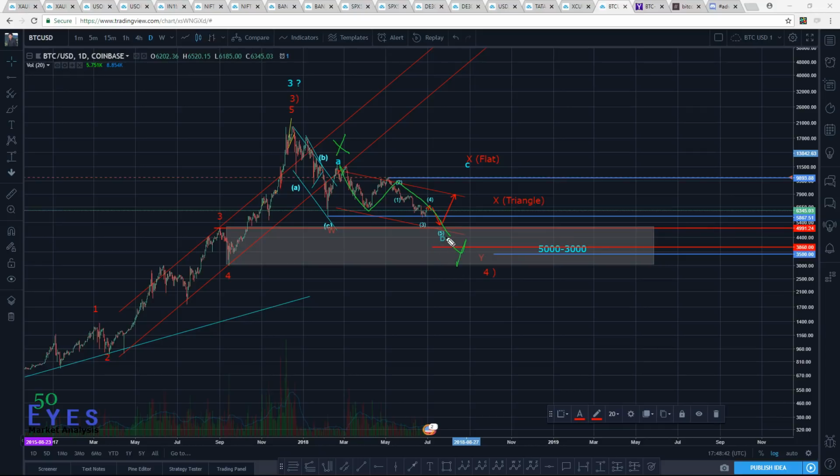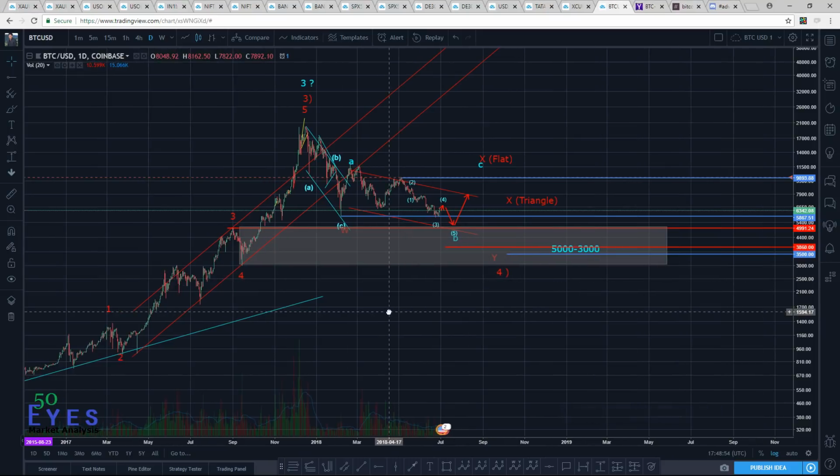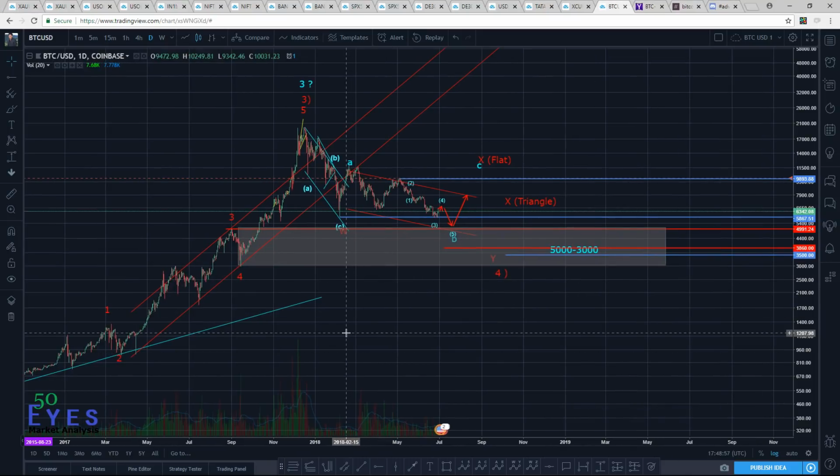If that's the case, then probably we won't even see the price entering this region, but I don't really think that's the case. Still, staying on guard and considering all probabilities is what Elliott Wave is about. So that was my rough analysis and long-term view on Bitcoin. Let's see how it plays out, and if it follows this particular pattern, then we'll wait for the completion of this wave 4.